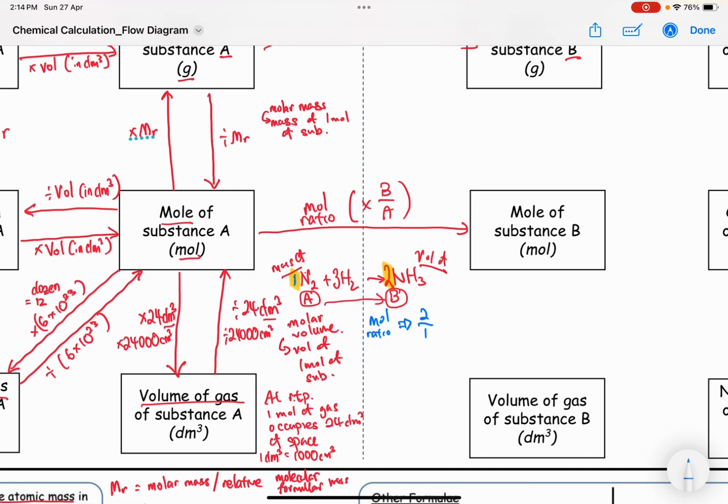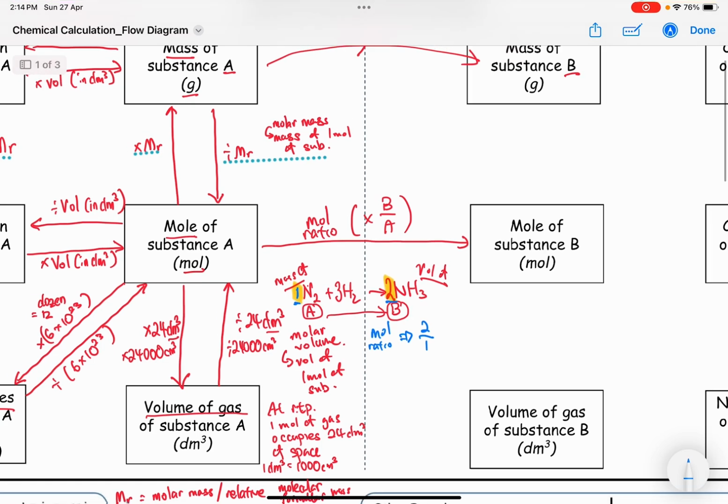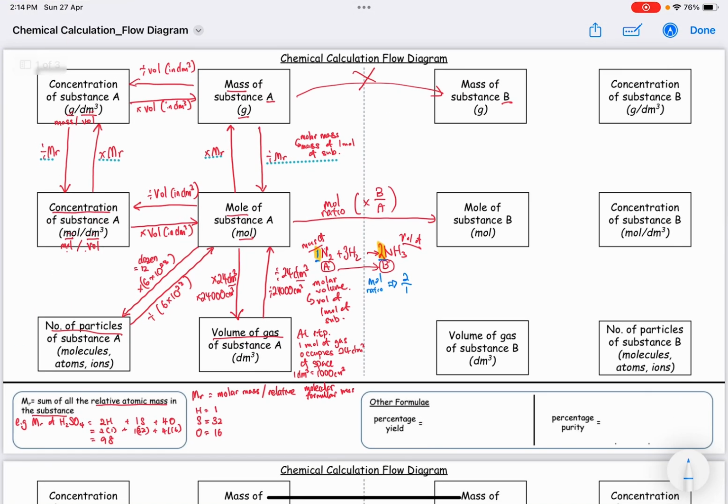To determine the mole ratio, you need to look at the equation, and then look at the big number, the reacting ratio, between the two substances that you are comparing. The one that you are trying to find will always be B. The one that gives you the starting quantity in the question will always be considered A. Okay, we are done with this part.